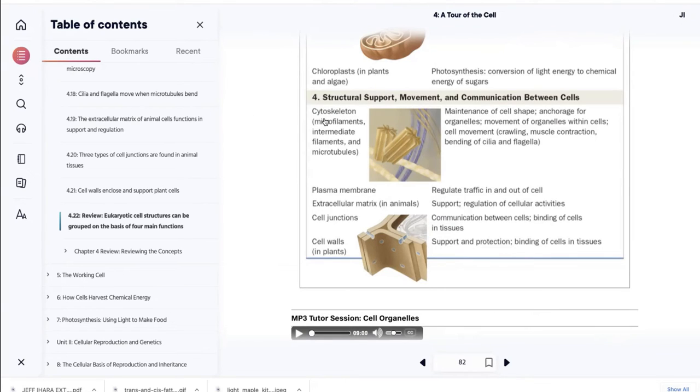So your skeleton is what kind of defines your shape, right? If you didn't have bones, for one, you wouldn't be able to keep much of a shape, right?